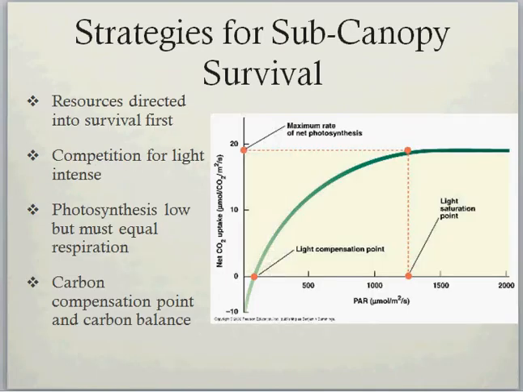What carbon balance means is that photosynthesis must equal or be greater than respiration. When it comes to carbon, each plant in the understory and in the canopy as well carries out photosynthesis to capture carbon and make carbohydrates, and it also uses carbohydrates in respiration.